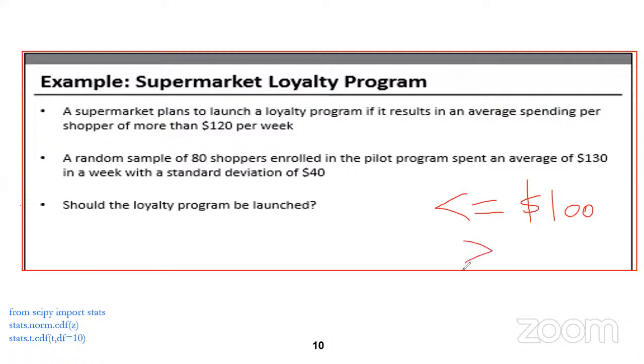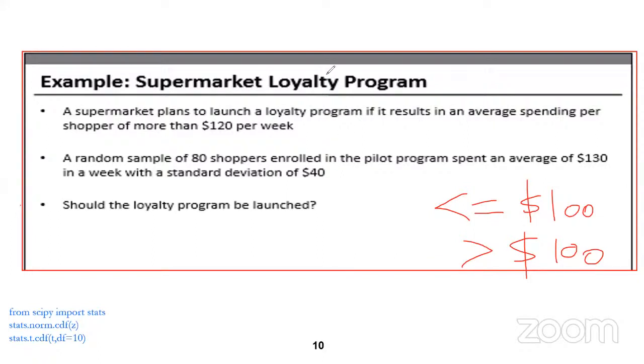If your purchase is greater than $100, then there is a point giving you the discount, right? When you have a purchase of more than the specified value, then there will be a launch of that loyalty program. Otherwise, there will not be a launch for the loyalty program. According to this only, you can decide what can be the null hypothesis and what can be the alternate hypothesis.